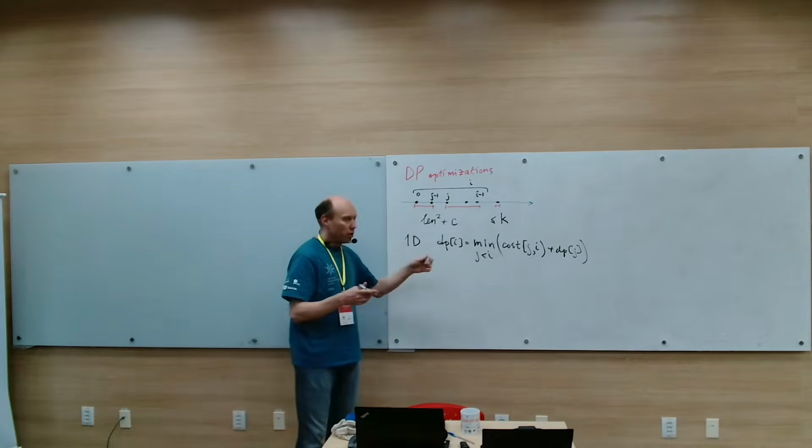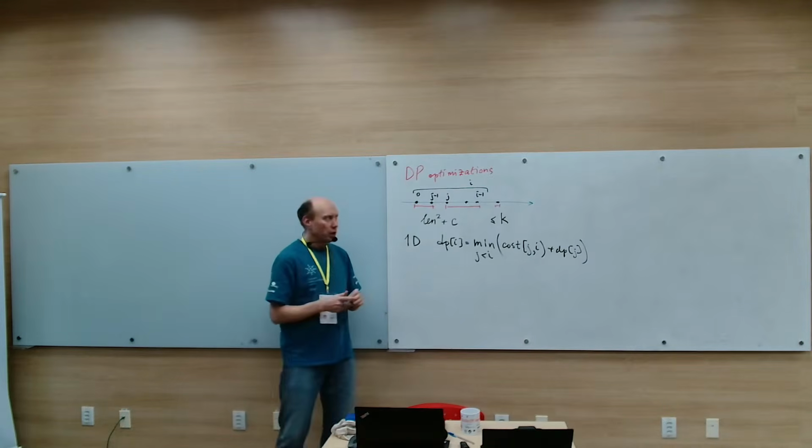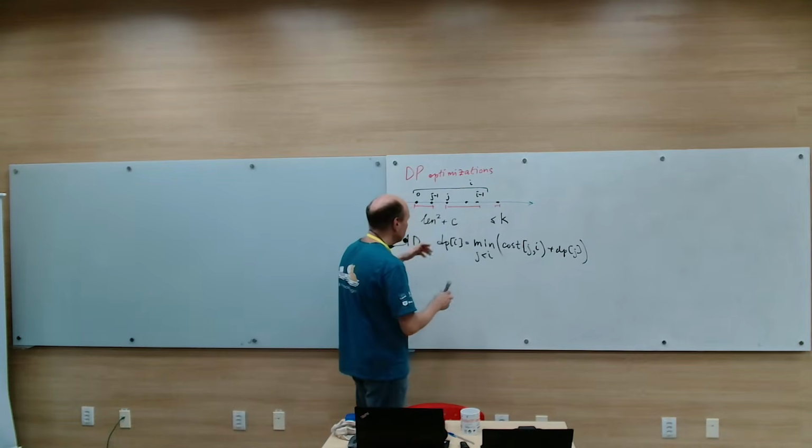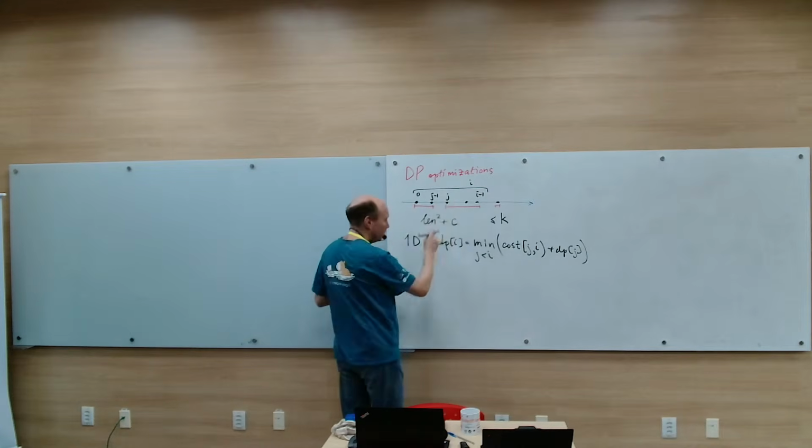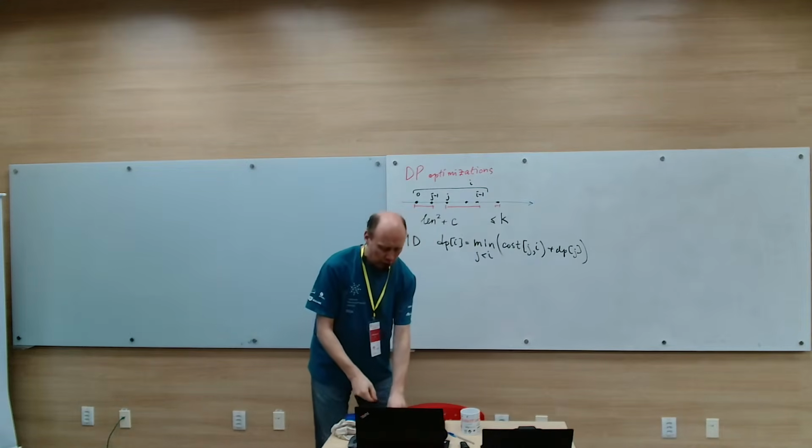There is no recursive formula in this case, but we say that suppose that we know dp for j, for this position.